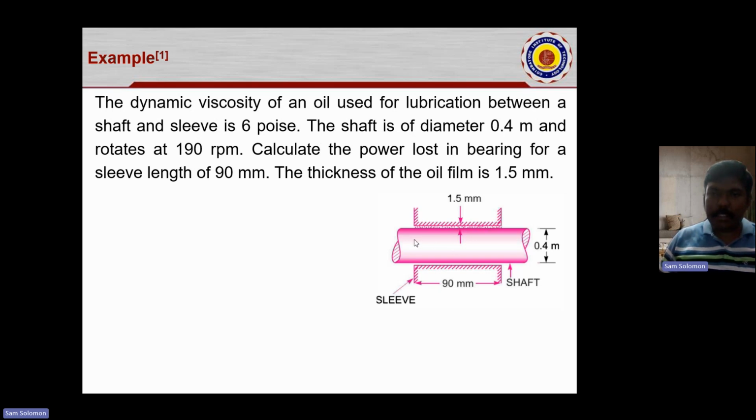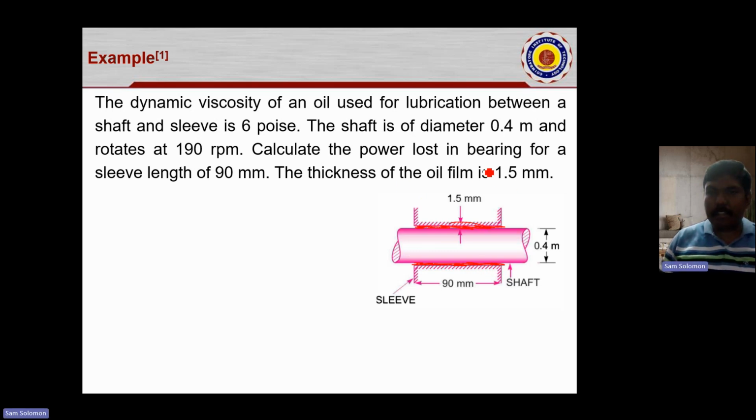So here, this is the shaft which rotates, and the sleeve is given over here. So in between the sleeve and the shaft, you have got the oil. So that portion which is shaded by red. So this gap between the sleeve and the shaft is filled with oil.